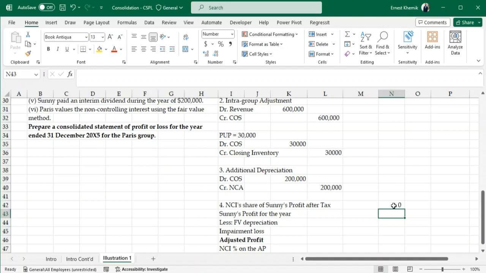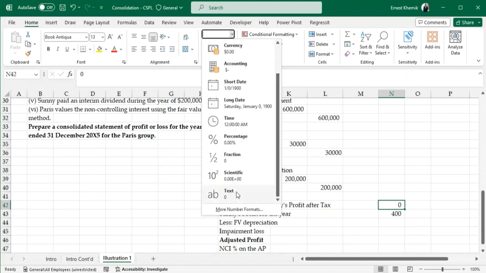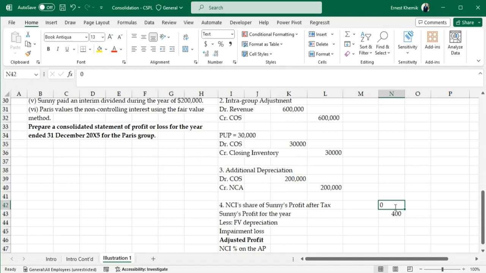So Sunny's profit for the year is $400,000. Let me change this to text, so that we will have this 000. All right, so we have that.